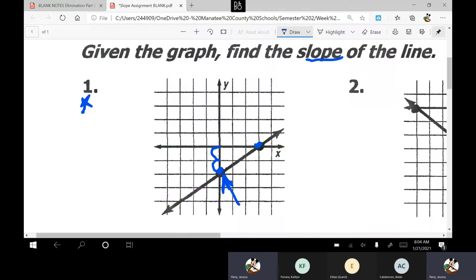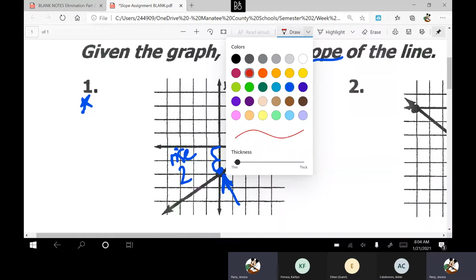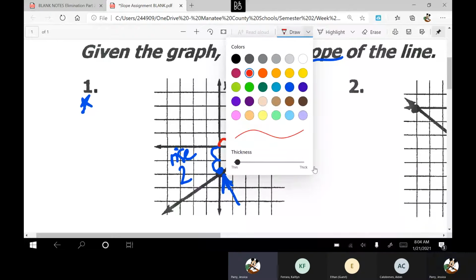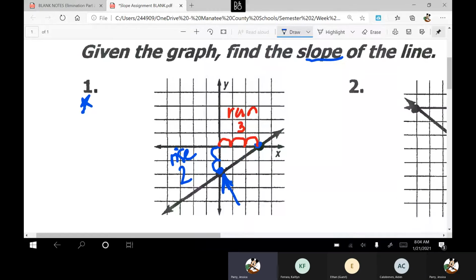So I go up 1, 2. My rise is 2. And then we can find the run. So from here, 1, 2, 3. Run is 3. And then we can write our slope. For the final answer, we have m equals, what would I write as my slope?